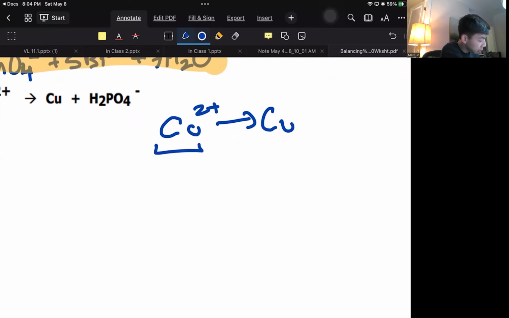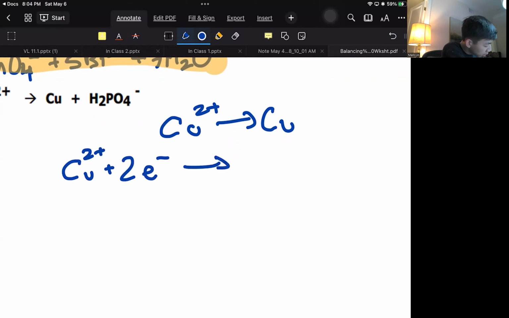On this side, we have a charge of +2. On this side, we have a charge of 0, because Cu is in its free uncombined state, right? And so we need to be adding 2 electrons to the reactant side: Cu2 plus, plus 2 electrons, and then rewriting that down.